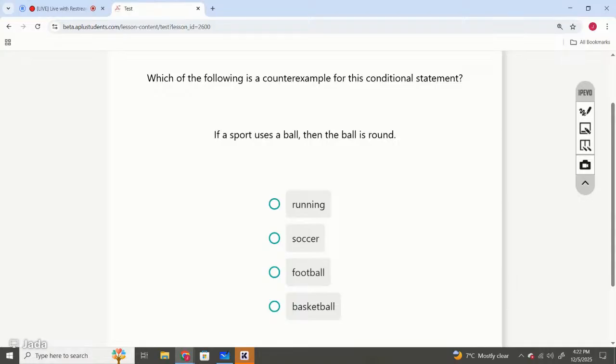Which of the following is the counter example for the conditional statement? If a sport uses a ball, then the ball is round. Running, soccer, football, basketball.